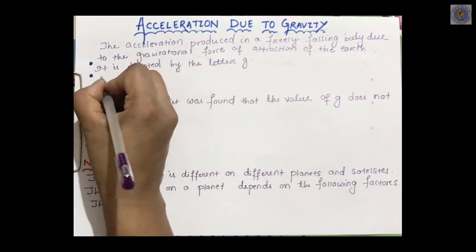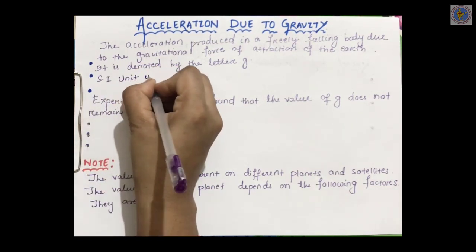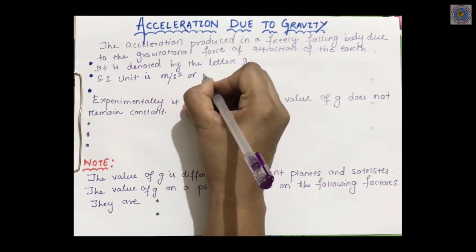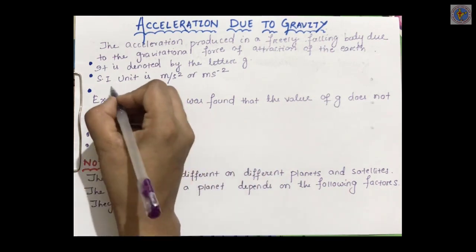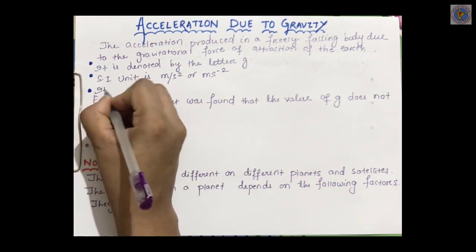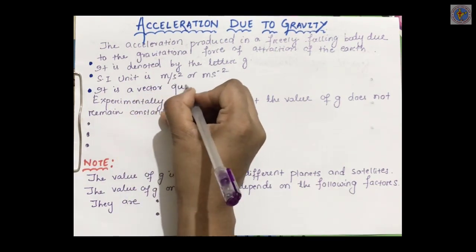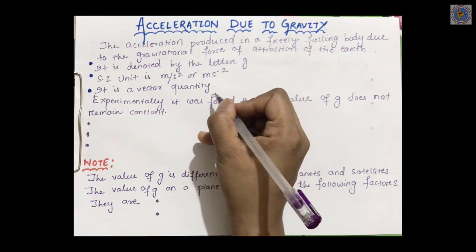So what is the SI unit of small g? The SI unit is meter per second square. Now is it a vector or scalar quantity, children? It is a vector quantity. What do you mean by vector quantity? A vector quantity has both magnitude and direction.